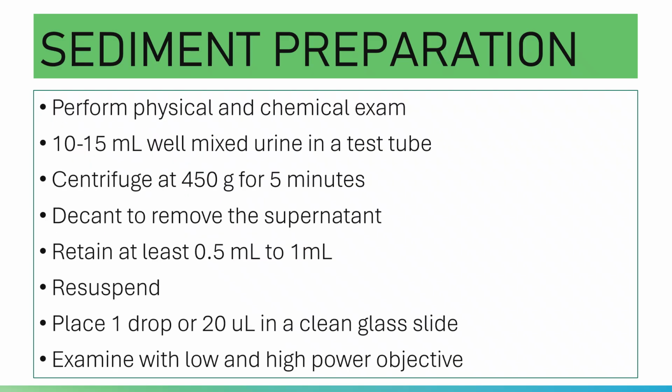For sediment preparation, first you check the urine sample, and then you perform the physical and chemical exam. You check and record the color. You record the transparency or clarity: if the urine is clear, hazy, turbid, cloudy, milky, whatsoever.